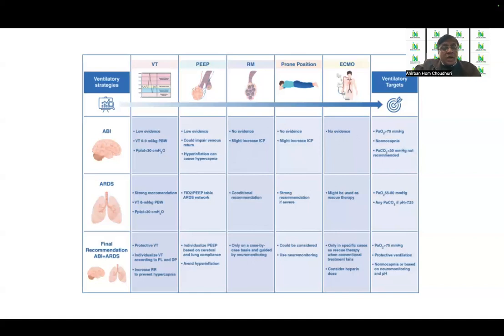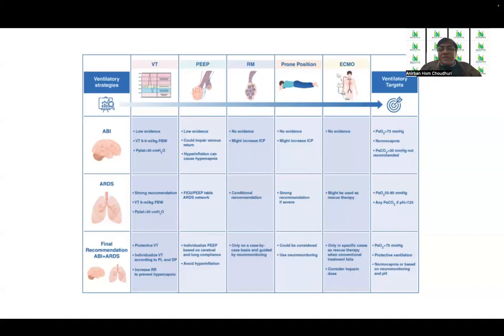However, in patients who have both acute brain injury and ARDS, it is good to maintain a PO2 on the higher side, that is more than 75. Also to institute protective ventilation and normocapnia based on neuromonitoring and pH level. So hypocapnia is again an important step which needs to be prevented.